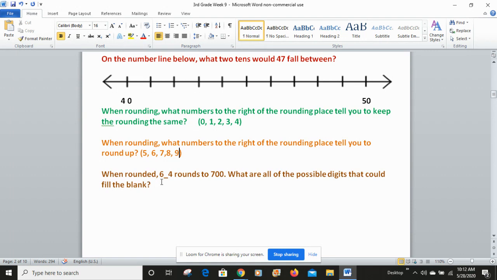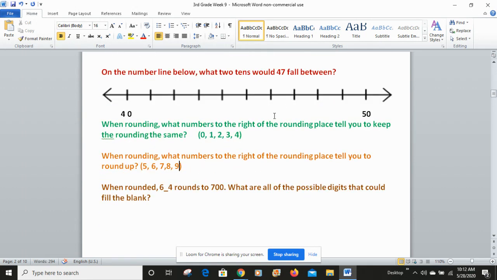When rounded, 600-something-4, there's a missing numeral in here, rounds to 700. What are all the possible digits that could fill in the blank? So if I know that my number rounds to 700, and I'm starting with 6, what would all the digits be that could fit in there that would make this number round up to 7?